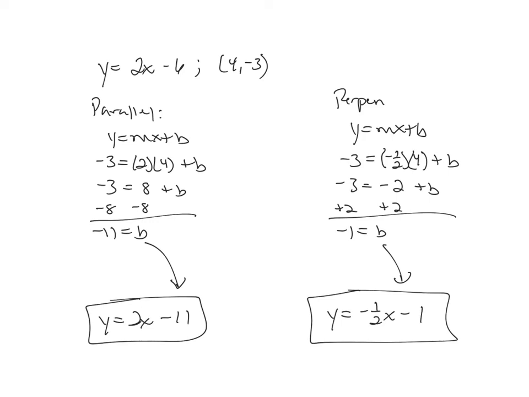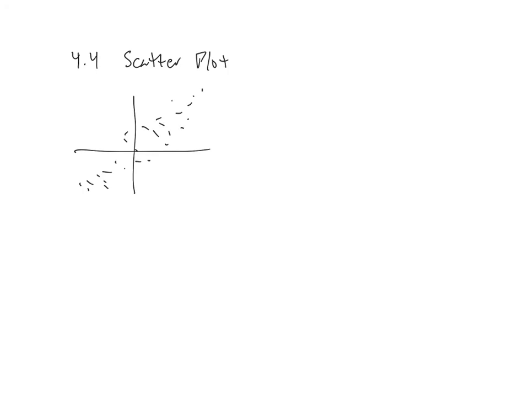Alright, and then the scatter plot is the 4 part. And really the only thing, there's a couple where you just read the graph, and I think you guys got that, but the thing that we want to remember is you'll have these points that are just kind of all over the place. Probably not that many, but just wanted to illustrate that there's generally a line that I could draw like that.